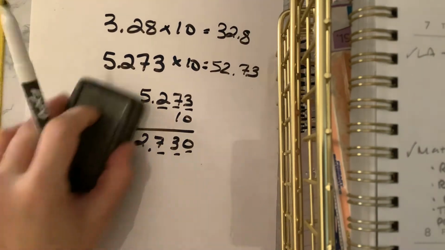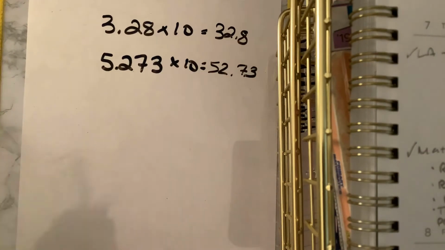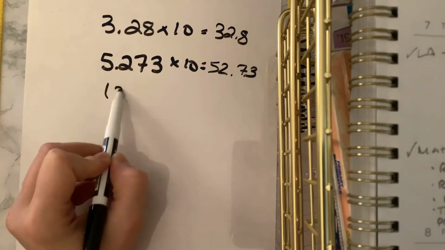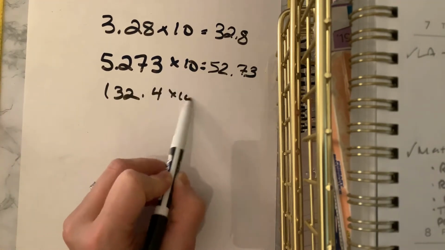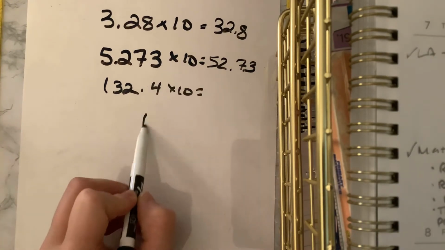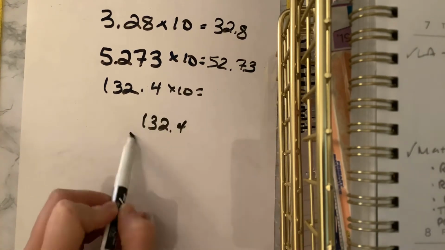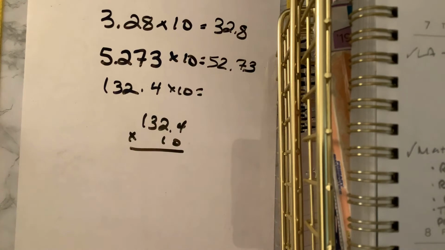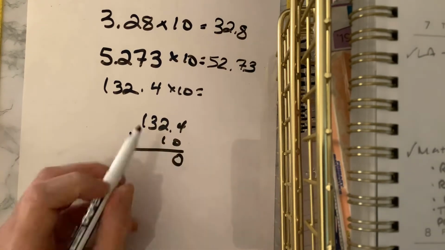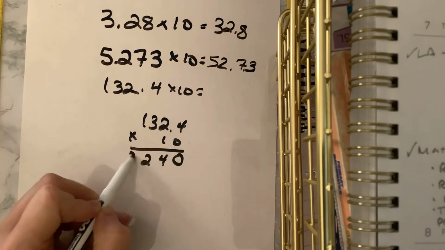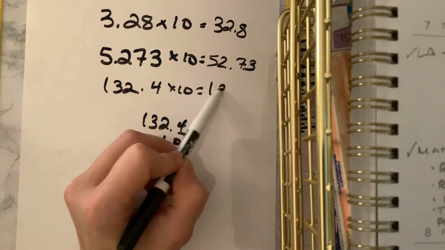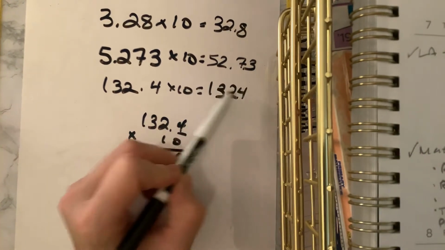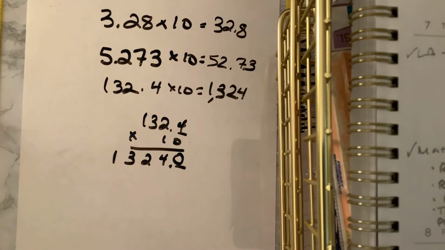Let's try one more. 132 and 4/10 times 10. So again, we're going to write it out and then do our multiplication. So 4, 2, 3, 1. Again, in terms of what I'm doing here, I'm just following what we were practicing earlier. Okay, so this is nothing new.